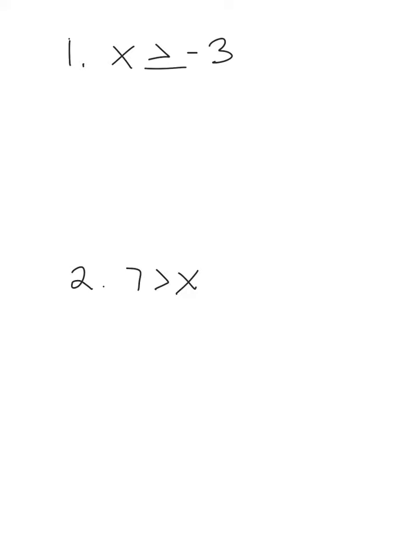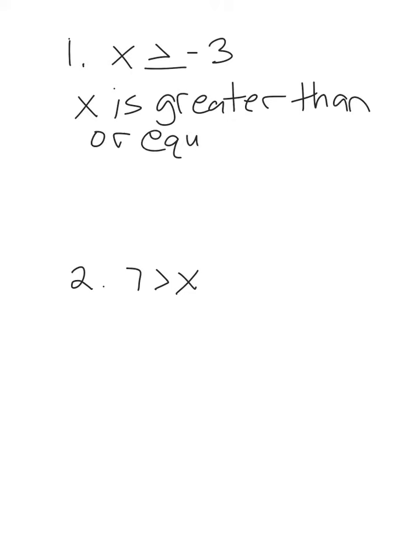Let's take a look at our first inequality. Based on the inequality symbol, we have x is greater than or equal to -3. We always start with the variable, okay? Let's make a number line.